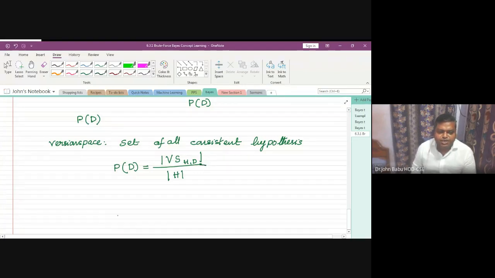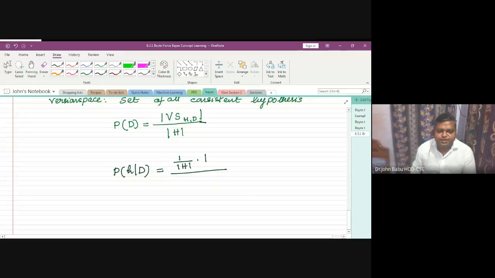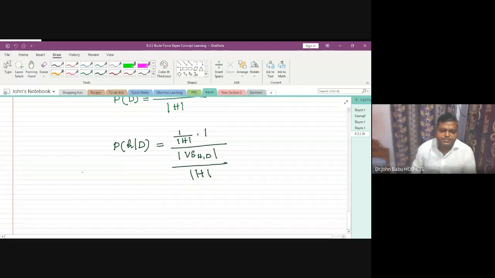Now, substituting there, probability of H given D is equal to probability of H, which is 1 by magnitude of H, into 1 by version space magnitude of version space by magnitude of H. Of course, magnitude of H gets cancelled.